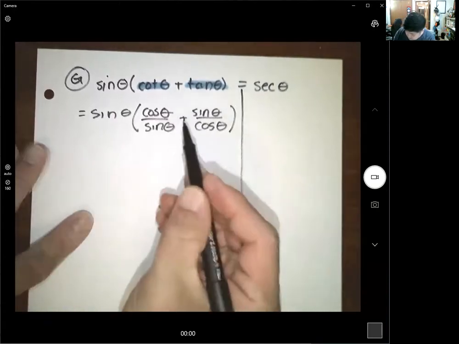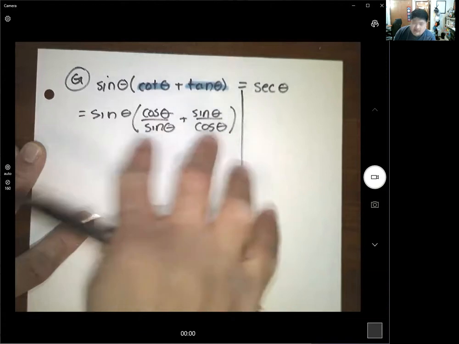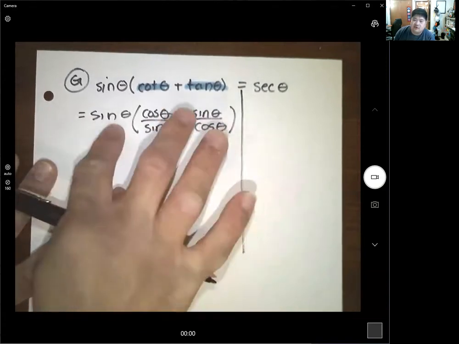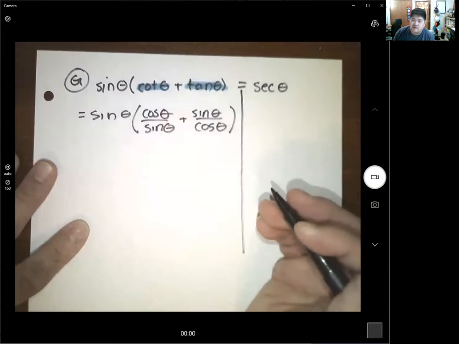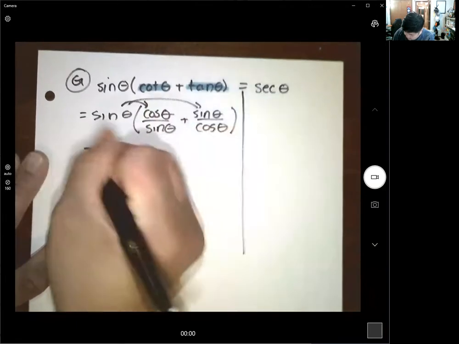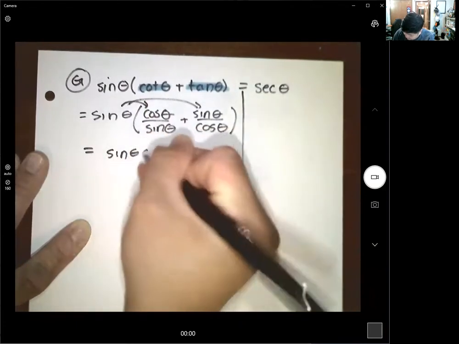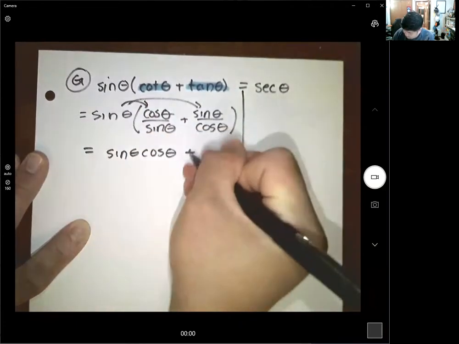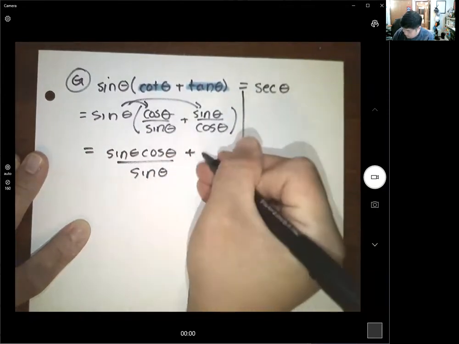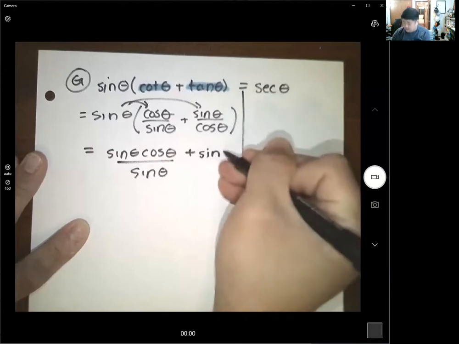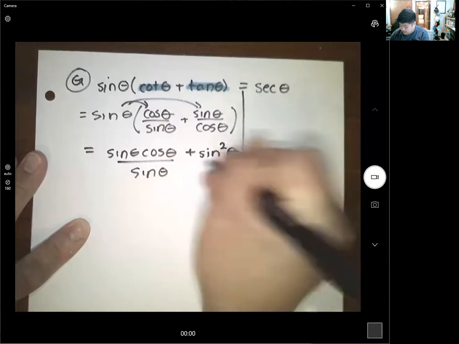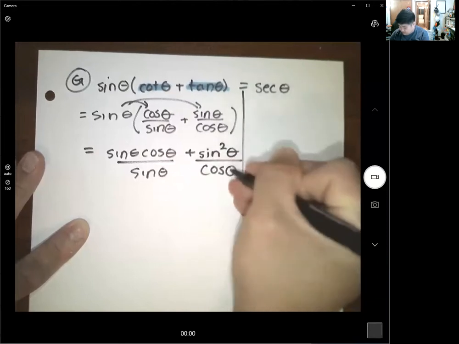And then you can either find the common denominator here first or distribute the sine of theta first. It really doesn't matter. So let's distribute this. So we have sine theta cosine theta over sine of theta, then plus sine theta times sine of theta, that's sine squared theta, all over cosine of theta.